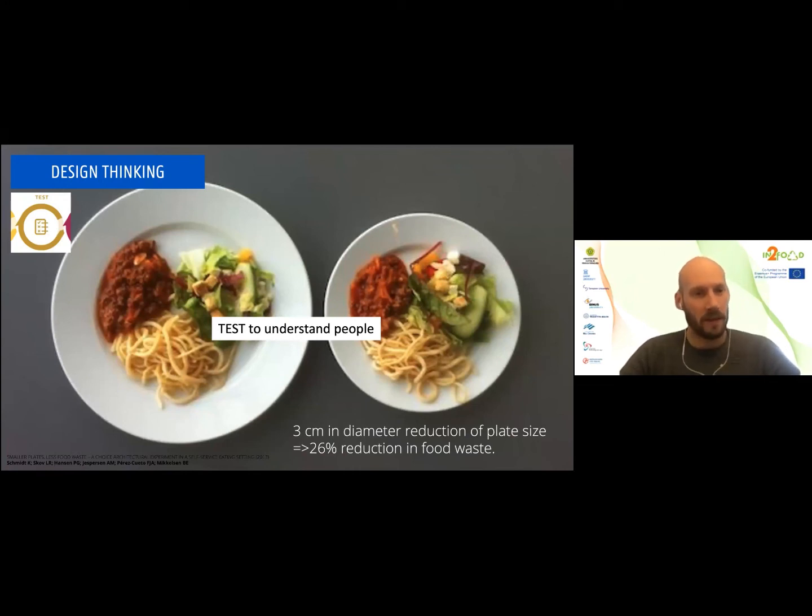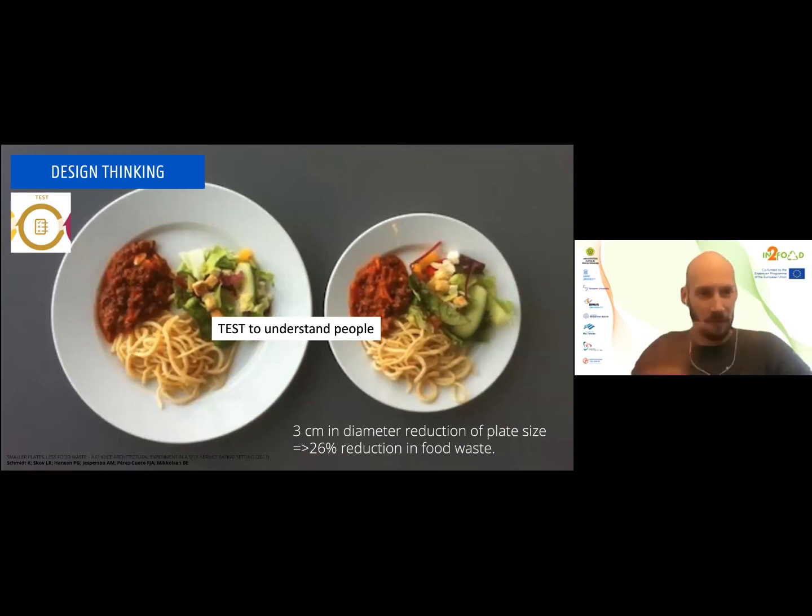But when these plates are offered to people, a 3 centimeter reduction in diameter, as you see on the right side, the smaller plate offers a 26% reduction in food waste, because people think the smaller plate has less food, so they will eat all the food, while the bigger plate looks bigger and they leave the food.